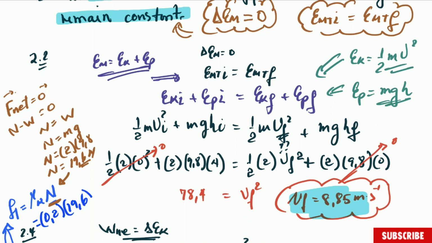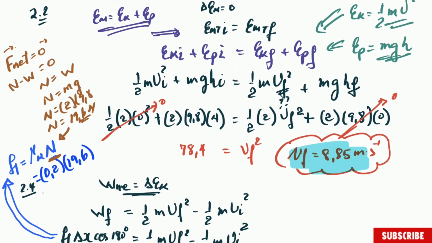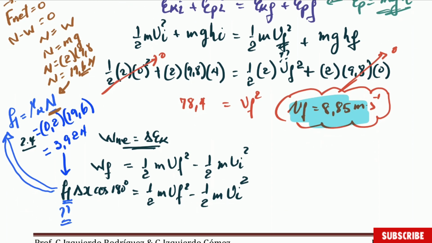So this is how to calculate the normal. I didn't want to go to a new page for this one because it's work that we did many times. So when you multiply that by 0,2, it will give you 3,92 Newton, and that will go back here to be substituted in frictional force.